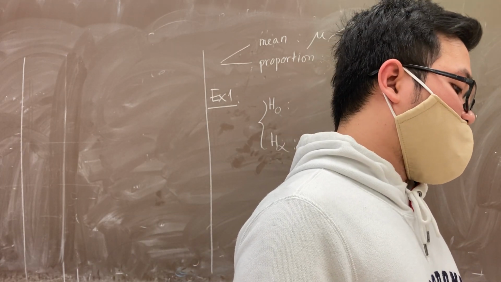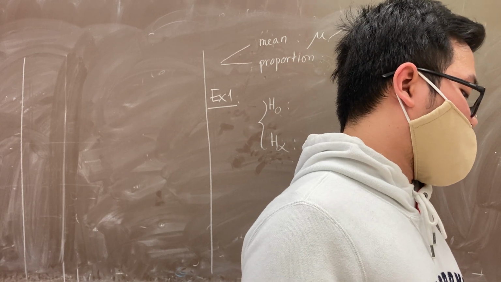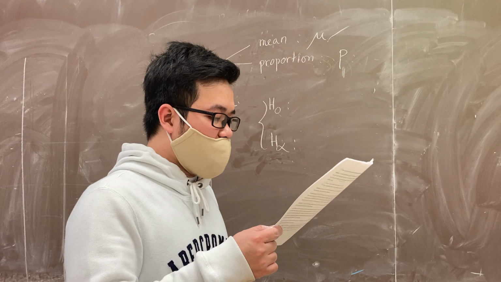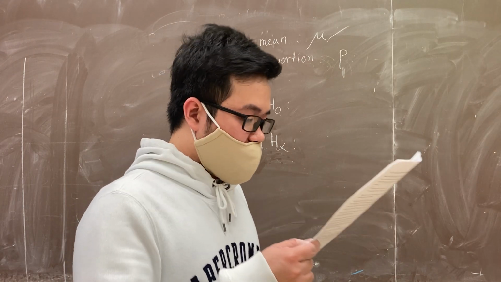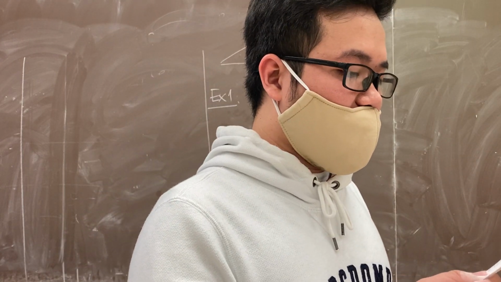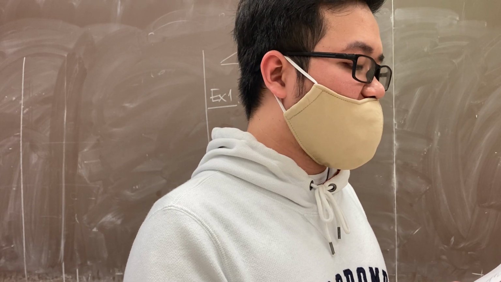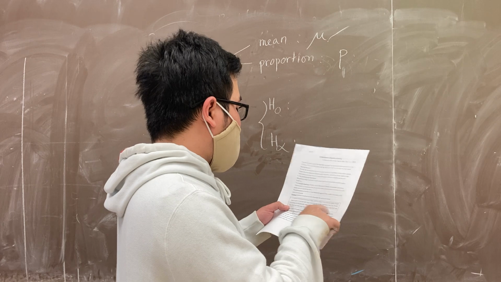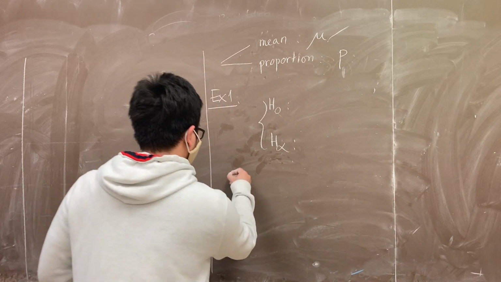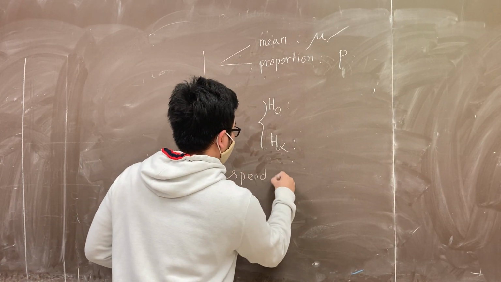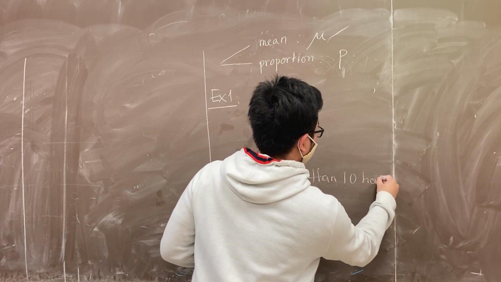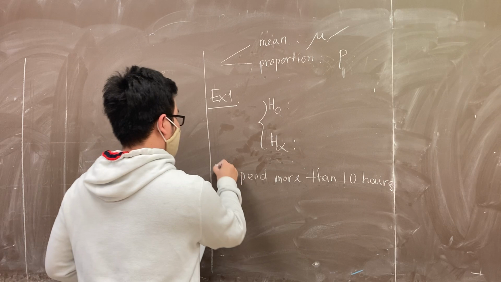What does the director want to gather evidence for? He is concerned that students are being required to spend more than 10 hours, right? This is the keyword: more than 10 hours. That is the research question.